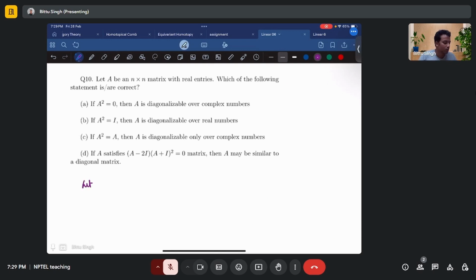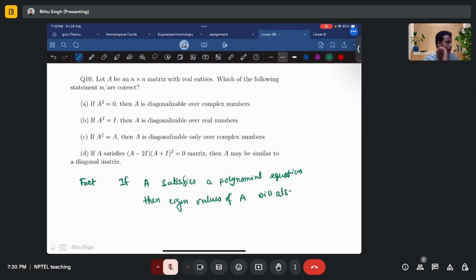Now before that, let me mention a fact. If A satisfies a polynomial equation, then the eigenvalues of A will also satisfy the same equation.